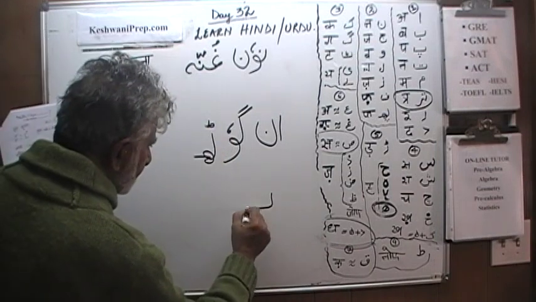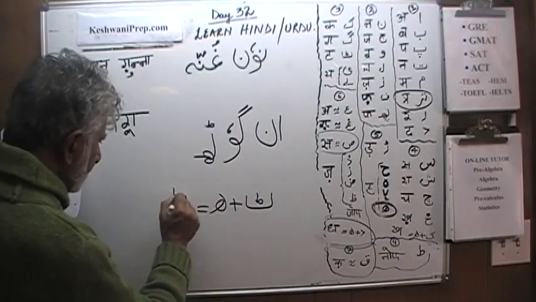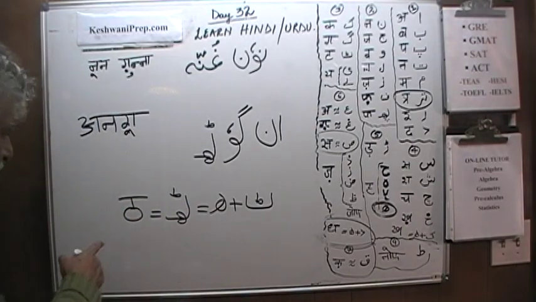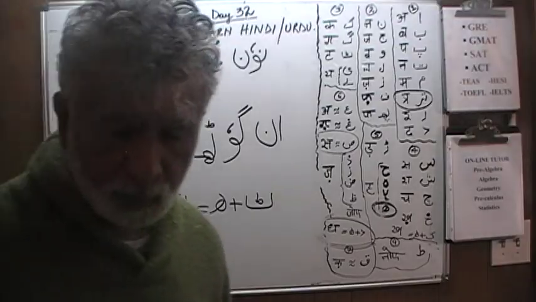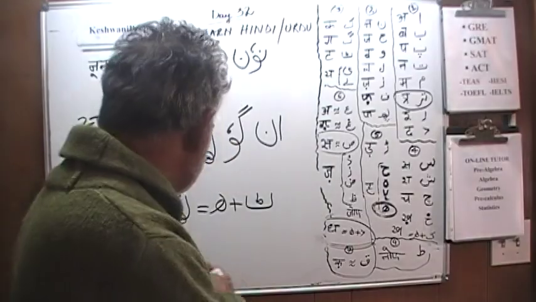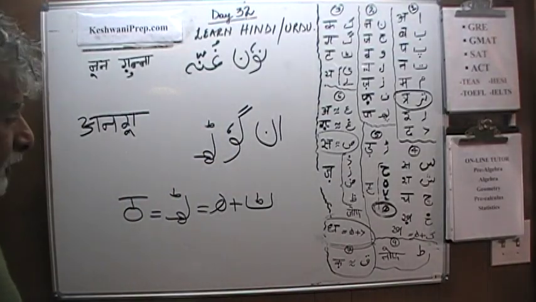Tha is te plus a he, which makes the Hindi letter tha. This is the easiest one for me to remember because it's just a circle. I can remember it very easily. I never get that one wrong. Tha.